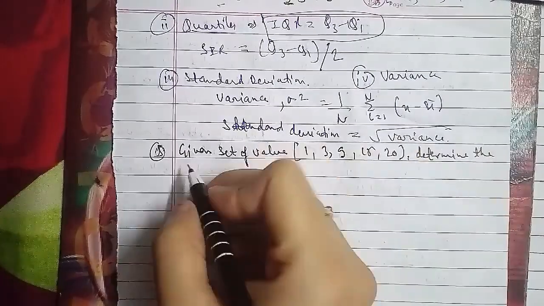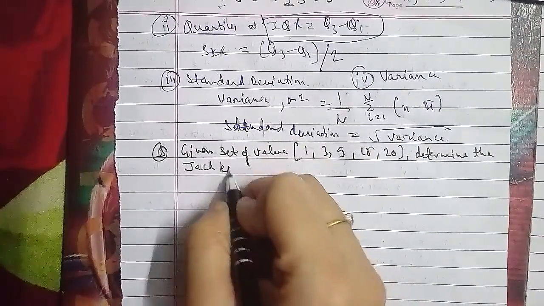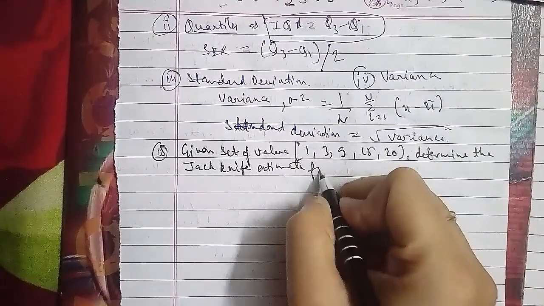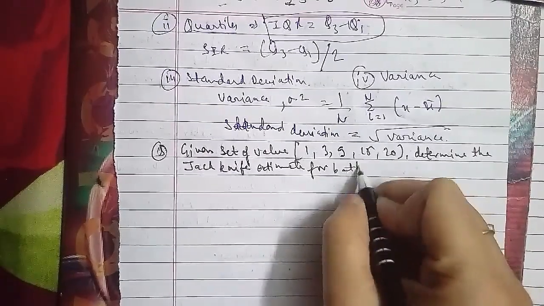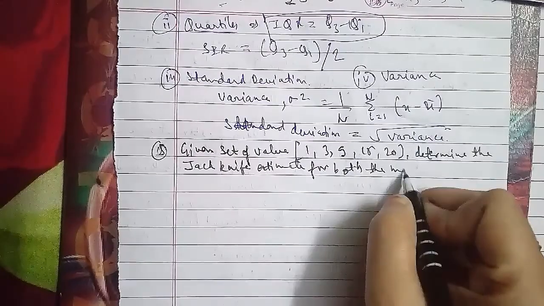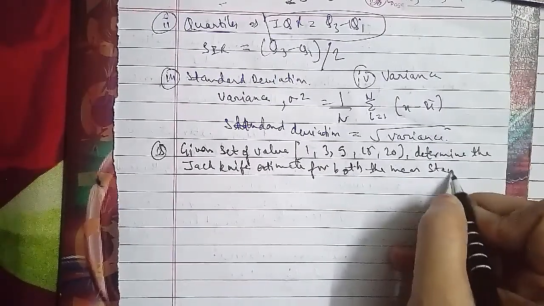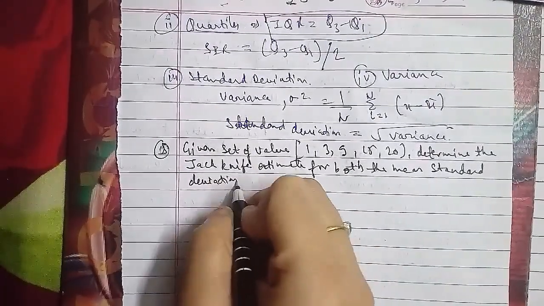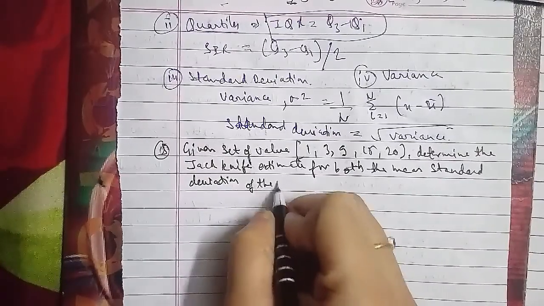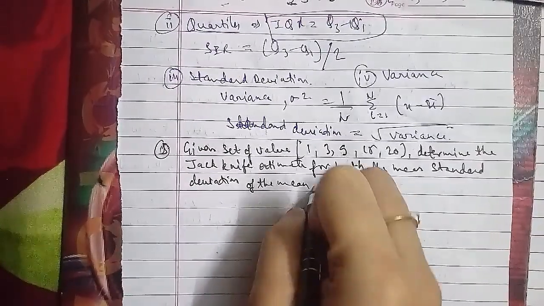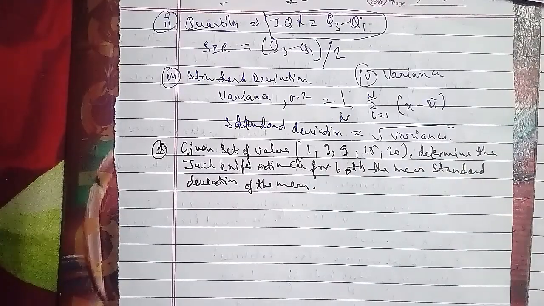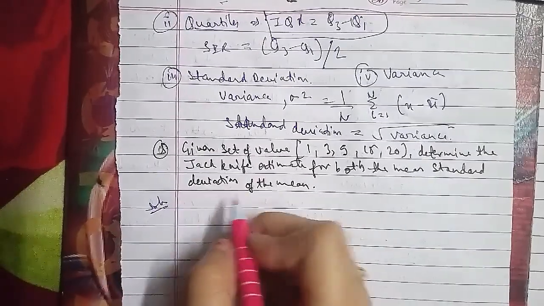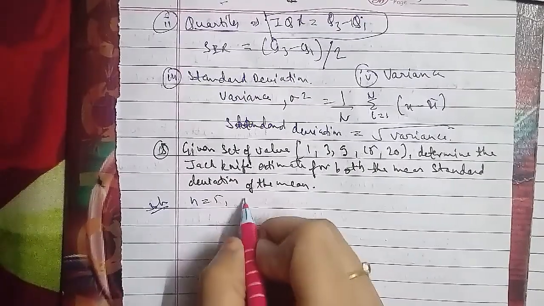Here n equals 5, and xi are 1, 3, 9, 15 and 20, where x1 is 1, x2 is 3, x3 is 9, x4 is 15, and x5 is 20. We have to find the mean first. Mean equals (x1 plus x2 plus x3 plus x4 plus x5) upon the number of terms, which is 5.